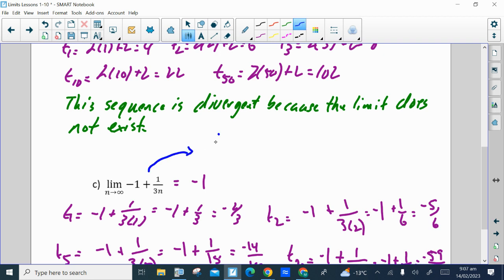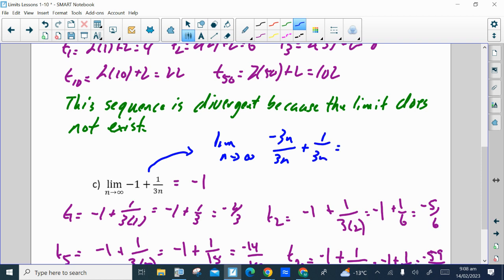So what it would look like is the limit as n approaches infinity. Negative 1, we need to write that with a denominator of 3n so we can combine it with the second term. So negative 1 would be negative 3n over 3n plus 1 over 3n.